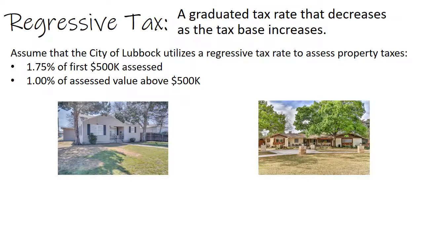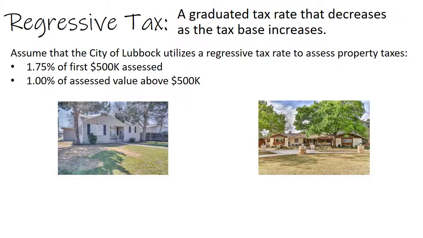The tax code tries to impose vertical equity and horizontal equity through the rate structures. 3 popular rate structures are the regressive tax, the flat tax, and the progressive tax. Under a regressive tax, the tax rate decreases as the tax base increases. Let's take a look at what that means.